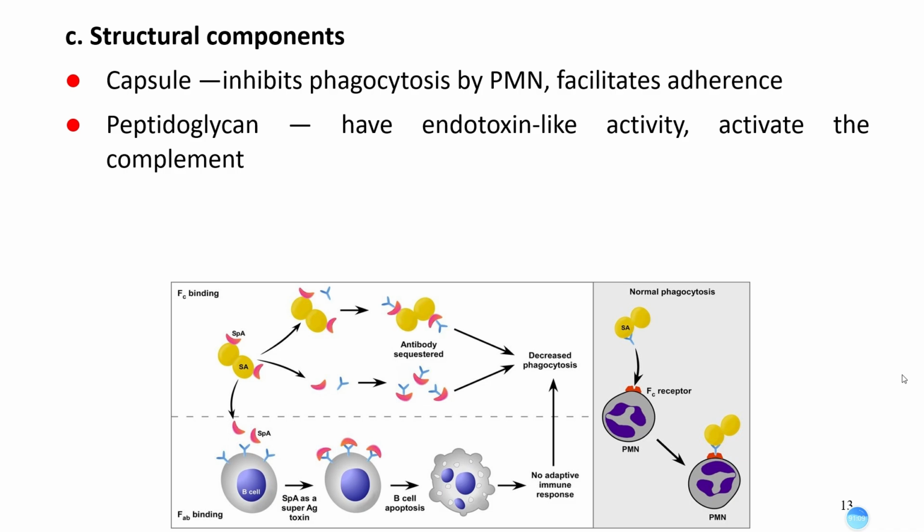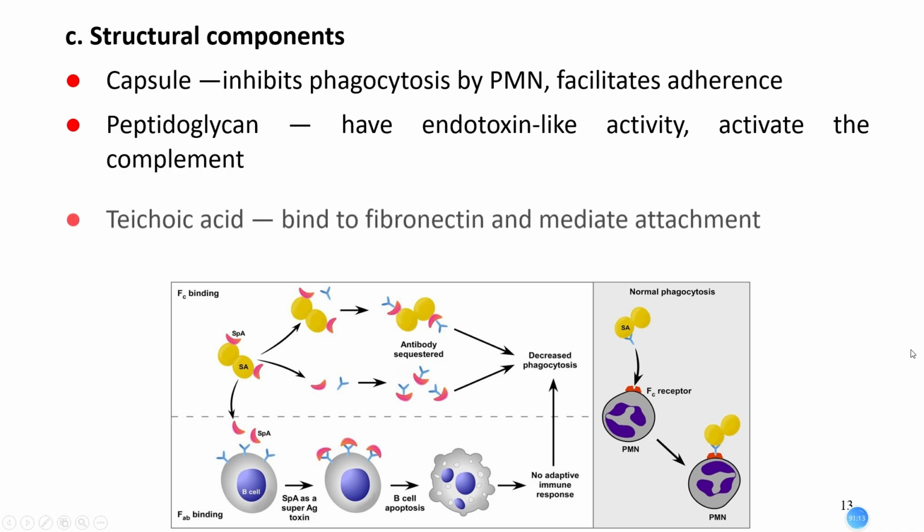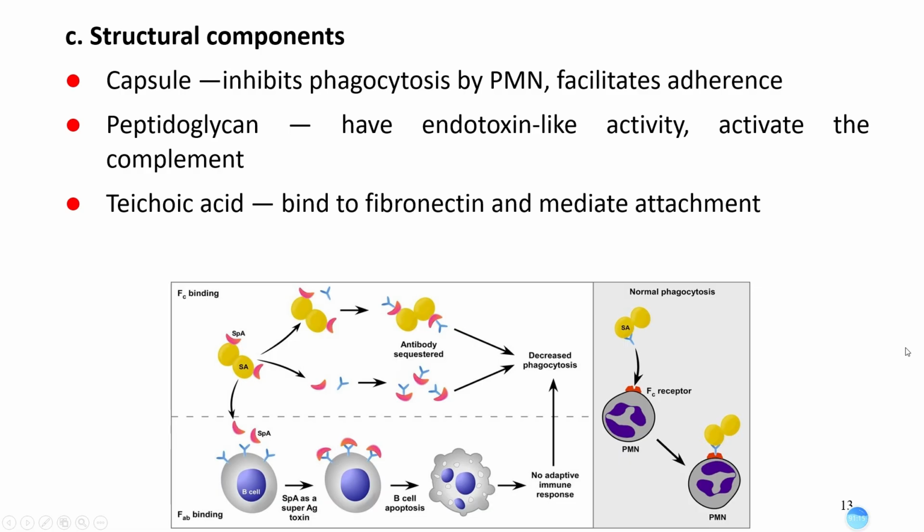It's able to activate the complement system. And also, the gram-positive cell wall contains teichoic acid. It's a polymer, okay? And the teichoic acid binds to fibronectin and mediates attachment. This is one function of teichoic acid.